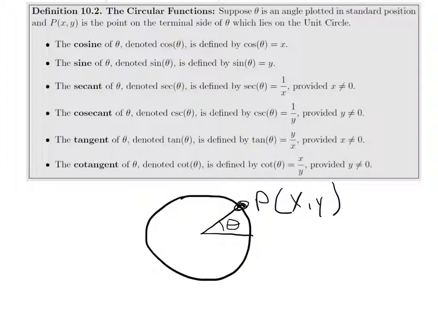These are the 6 basic trig functions that we'll be working with the rest of the semester. There are some others that are related to these, but these are the basic ones. We'll need to be able to work out these 6 functions for all the different unit circle values that we know and all the different quadrants, and that's part of what we're going to cover. All right, let's take a look at that.